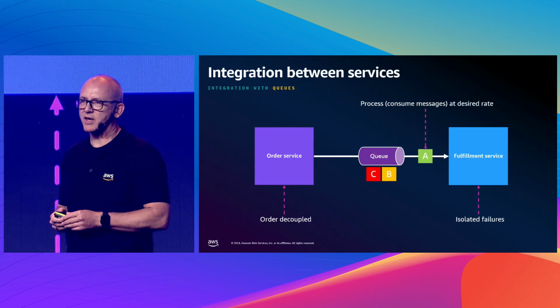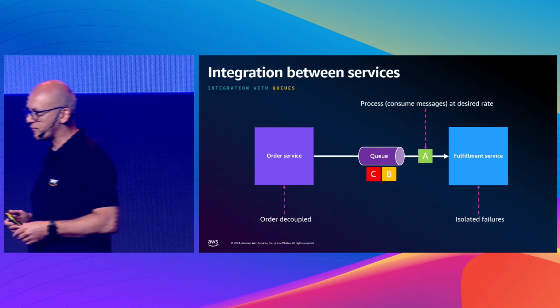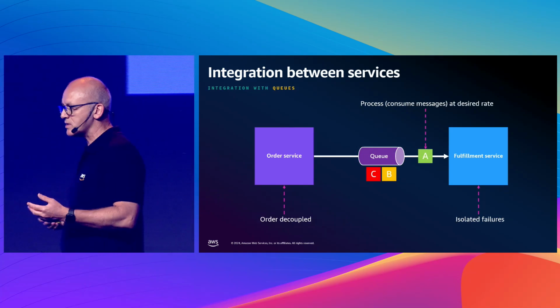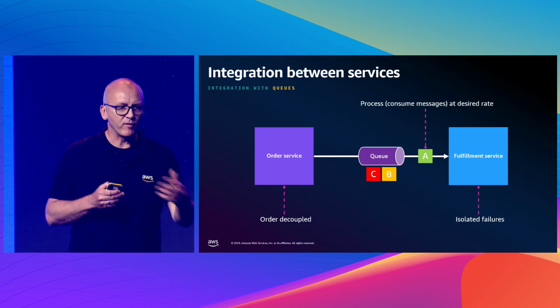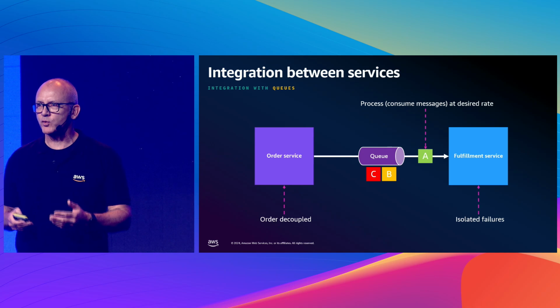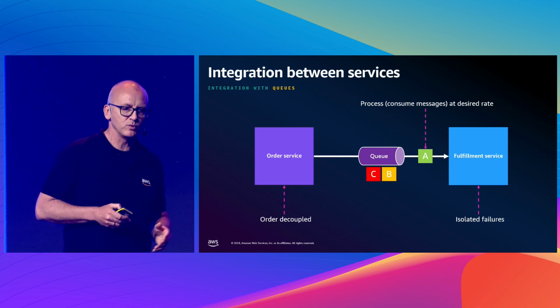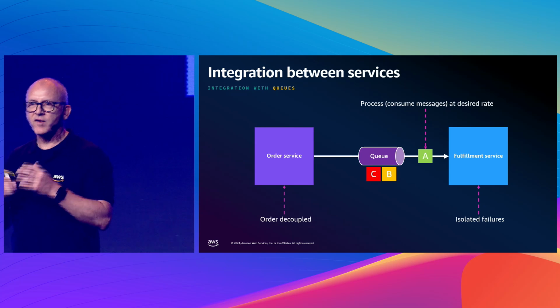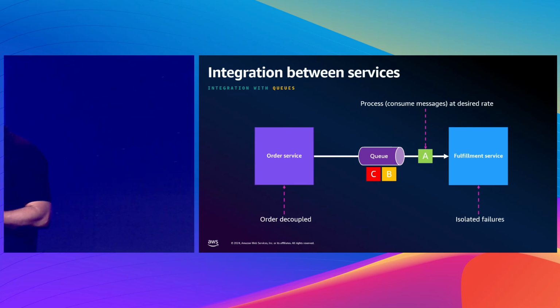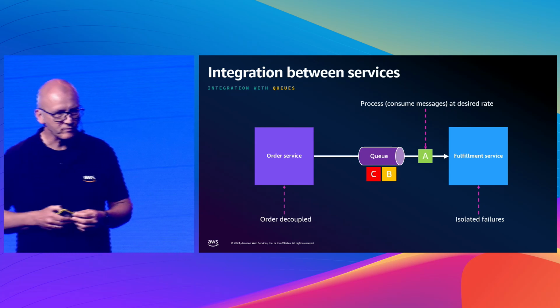And this is where queues kick in. So queues have a very interesting characteristic. They can buffer messages for you. That means the fulfillment service in this case can consume the messages that are buffered in the queue at a desired rate. That's also very nice for flattening peak loads. So in that respect, the queue is a traffic shaper.